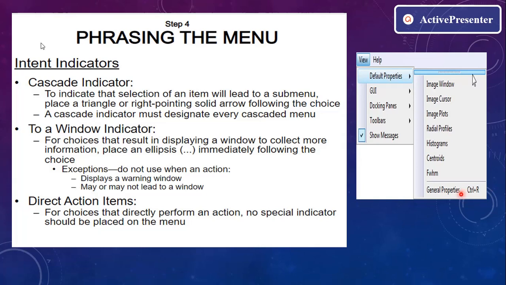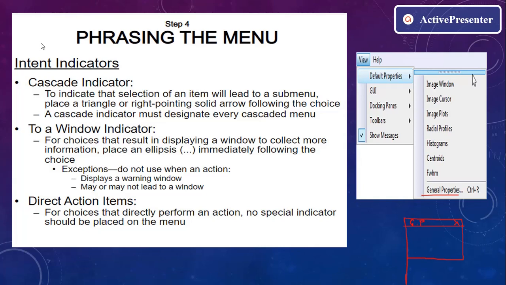Avoid the dots if you are not displaying any extra window. In this case, whenever the user clicks on general properties, an extra window will be presented. That is the meaning here.